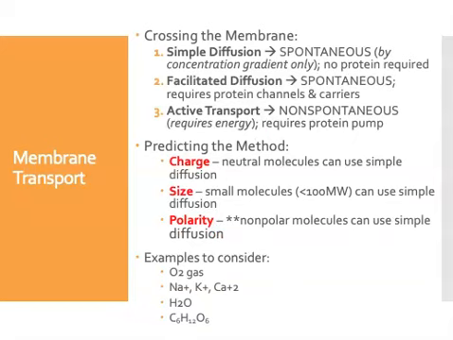So we have three transport mechanisms to discuss: simple diffusion, facilitated diffusion, and active transport. Simple diffusion and facilitated diffusion are mechanisms that are spontaneous. And that language refers to the fact that no energy is required to make these processes occur. They are spontaneous.